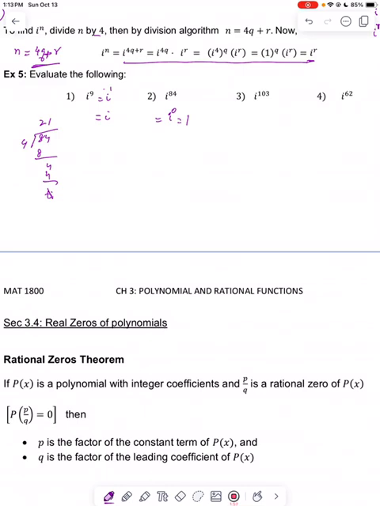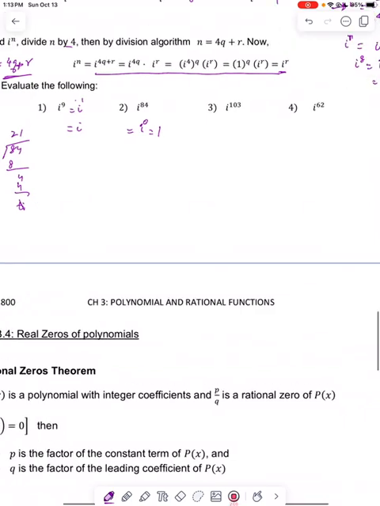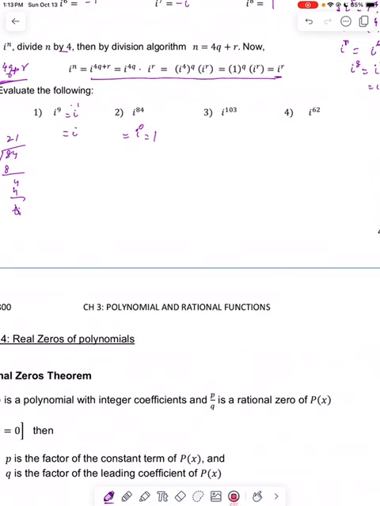i to the 103. So we have now the number 103. Dividing it by 4. 4 twos are 8. And we get 2 as a remainder, and then we bring down the 3, and then we divide again. 4 times 5 is 20.